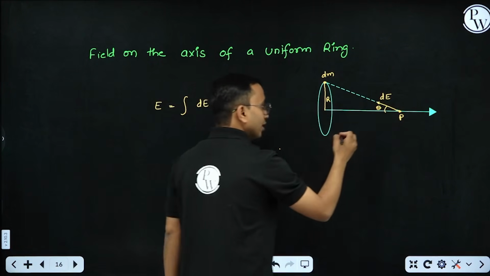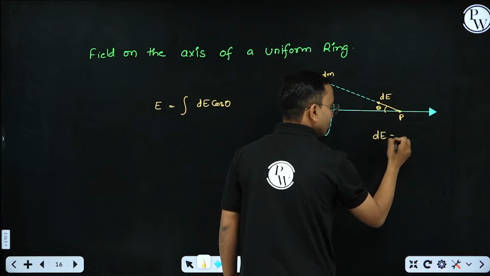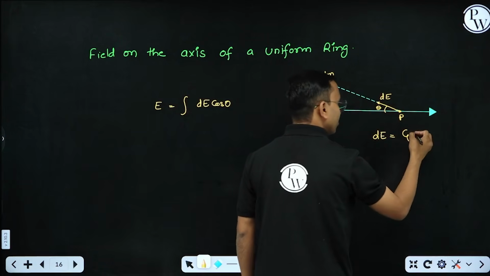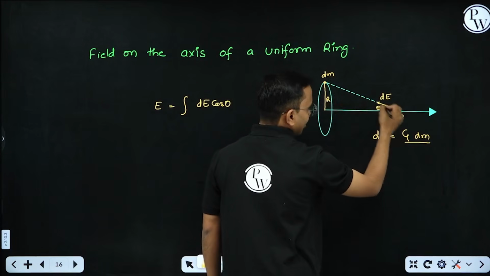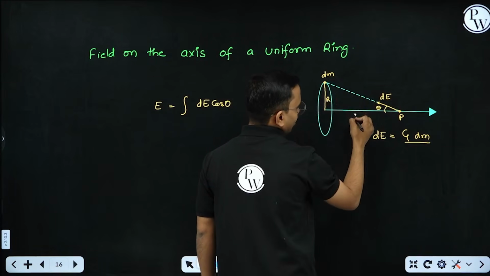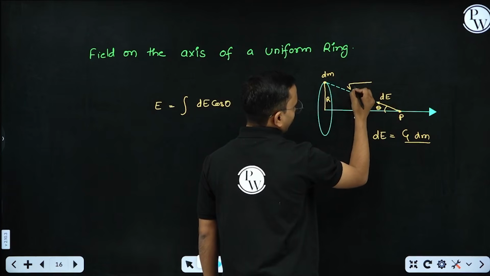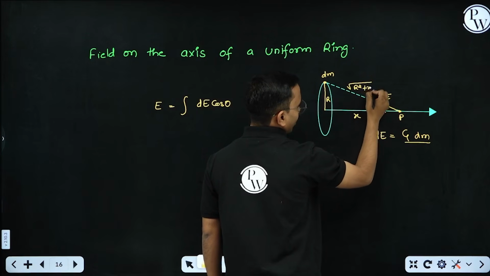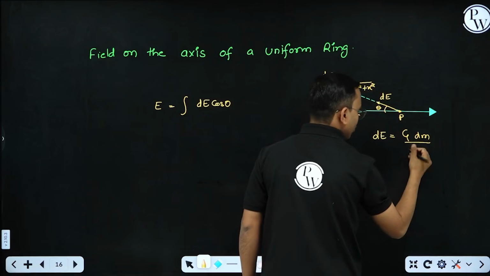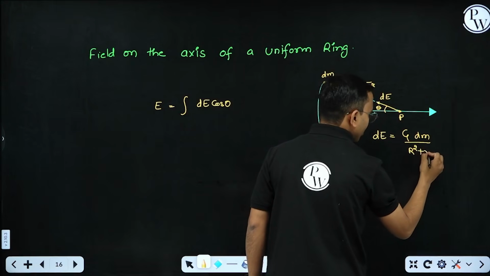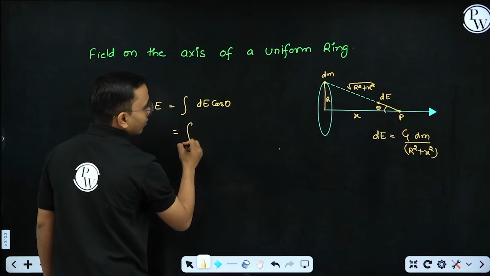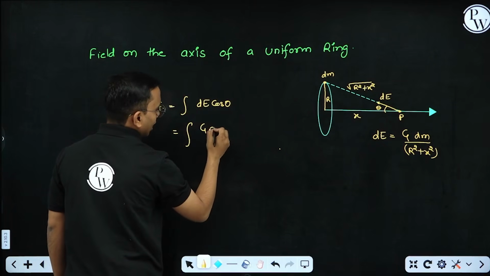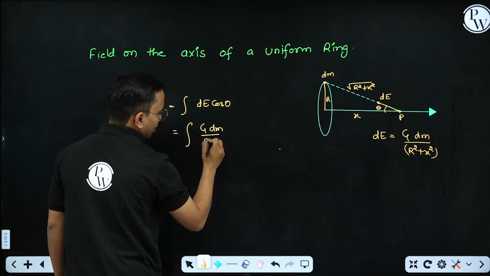What is dE? dE is equal to G into the mass here, that is dm, divided by the distance squared. I am considering this to be x, this is r, so this distance is root of r square plus x square, and the distance square becomes r square plus x square. So this is the integration of G dm divided by r square plus x square, into cos theta.